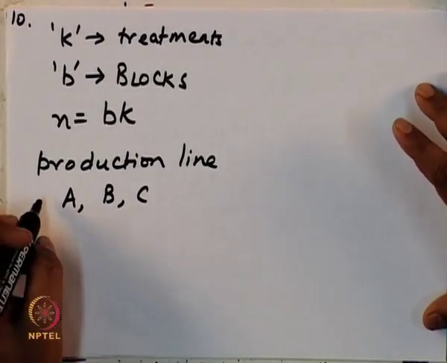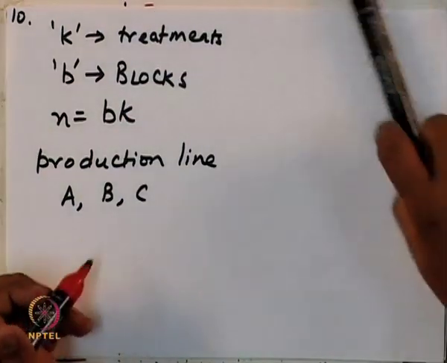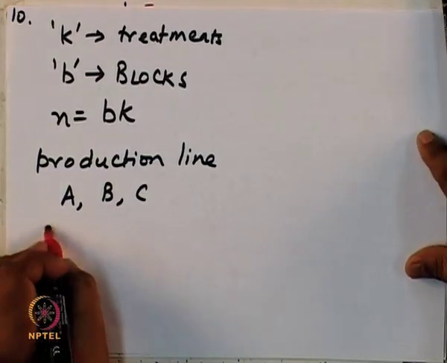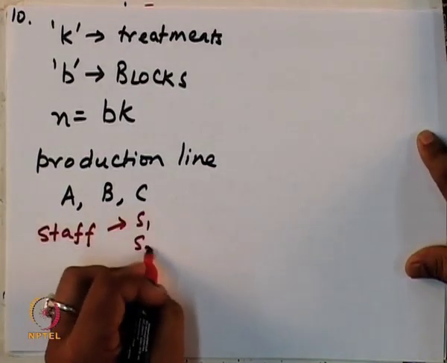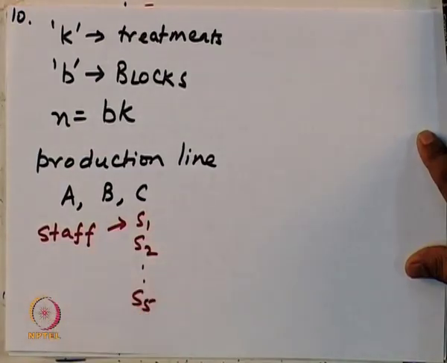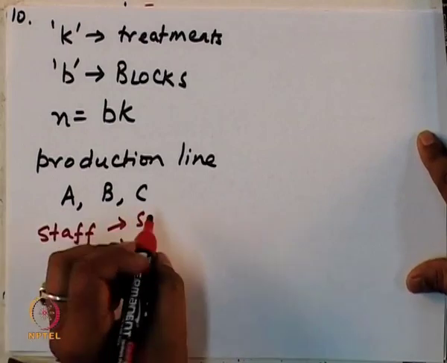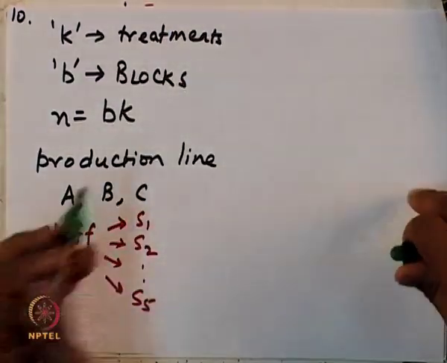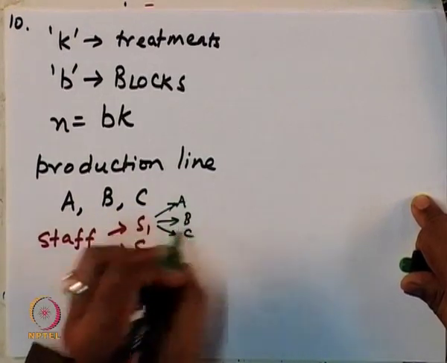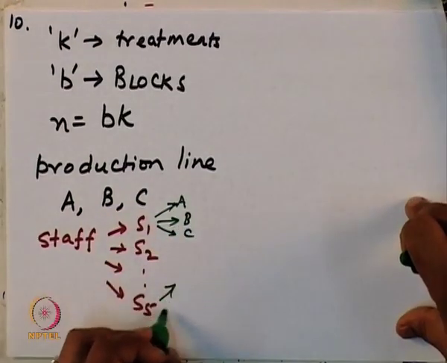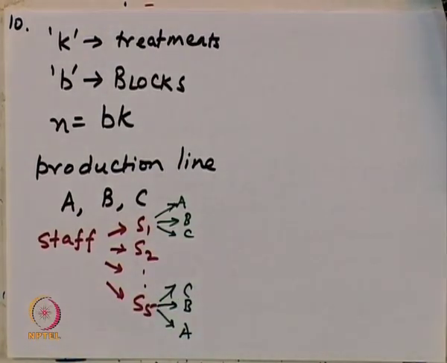The engineer can choose staff, which you can label S1, S2 dot dot S5, and each of these participants assembles using A, B, C, but in random order, and so on and so forth.